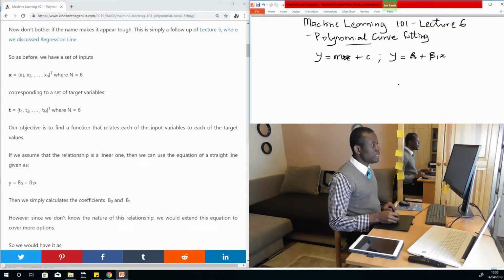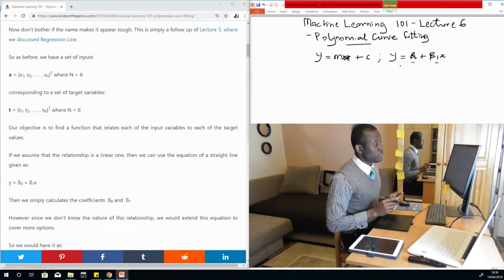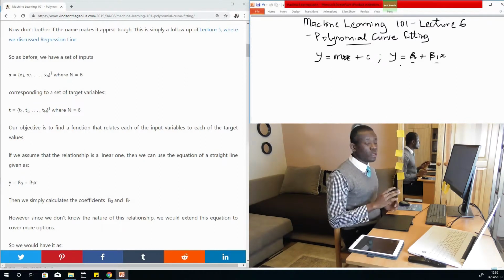This is beta, not b. So we say beta 1 is the regression coefficient, and this is the intercept. Or in the case of polynomial curve fitting, all of these are called coefficients.